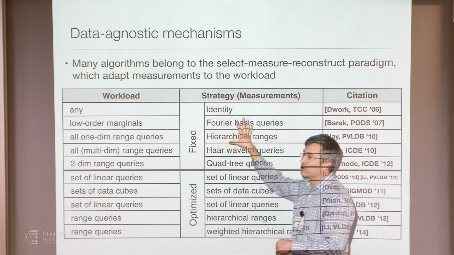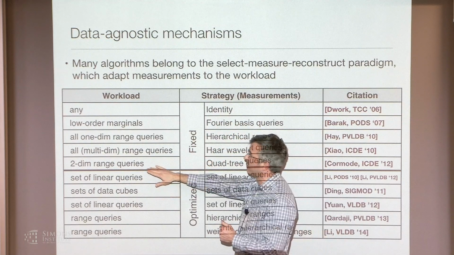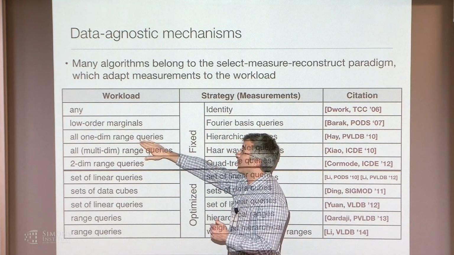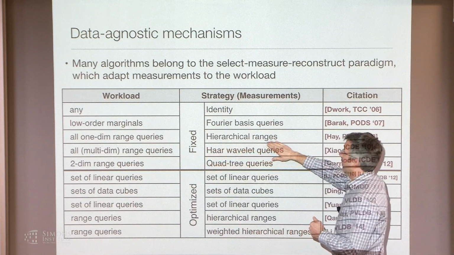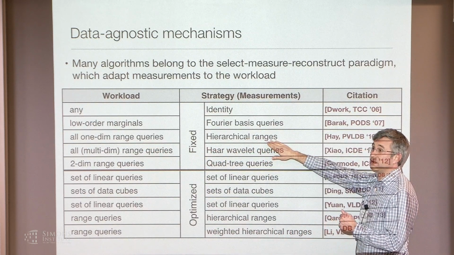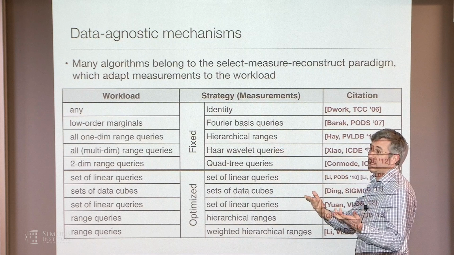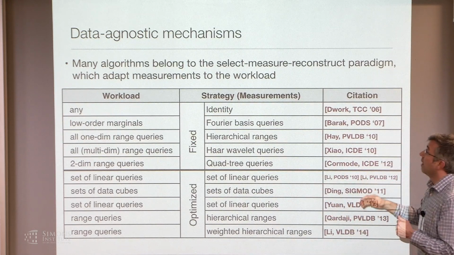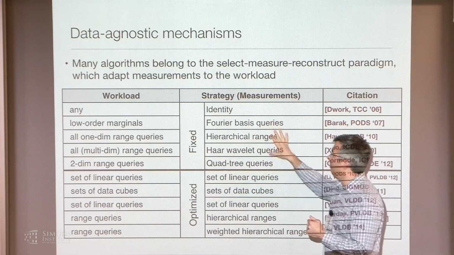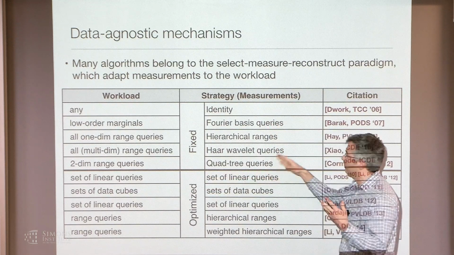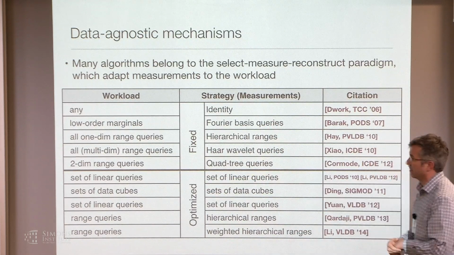So there's no hard optimization problem. It's just an observation that if you care about one-dimensional range queries, it's good to form trees of measurements, and then you can do reconstruction efficiently. So we'll come back to this. Or if you're doing two-dimensional range queries, you do two-dimensional quad tree type stuff.